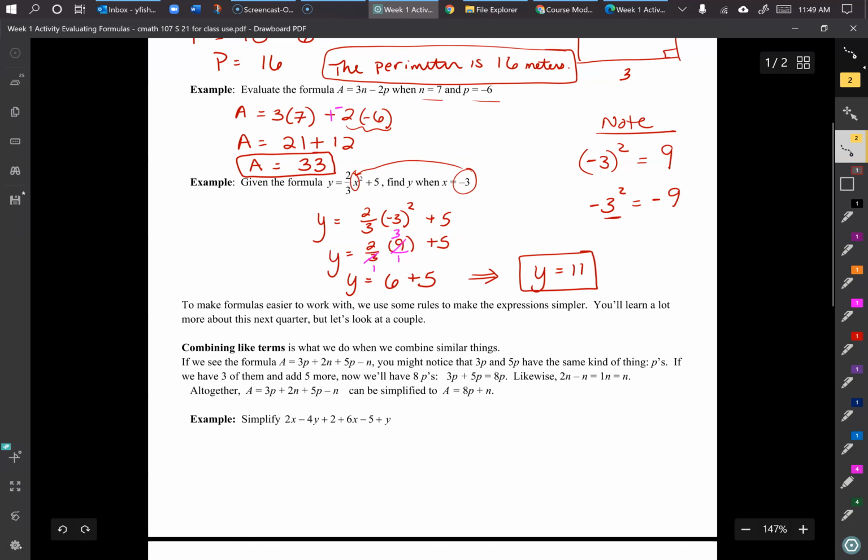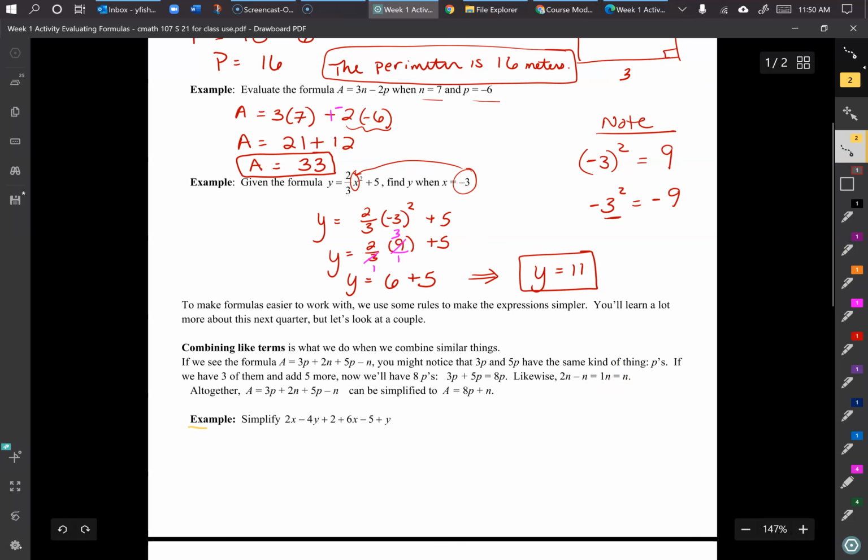Like say this formula a equals 3p plus 2n plus 5p minus n, we can streamline and combine like terms. And you've been doing that in your lessons, right? So it's like 3 potatoes plus 5 potatoes is 8 potatoes, right? And the same thing here, 2 n's minus 1 n is just 1 n. And we don't write the coefficient if it's 1, we just put the letter.